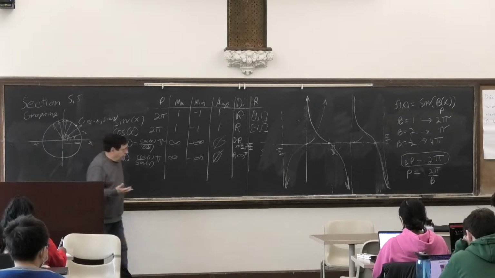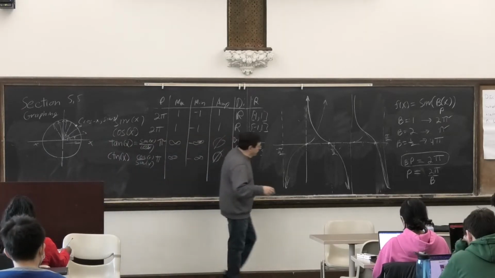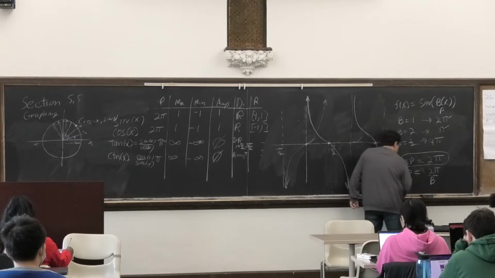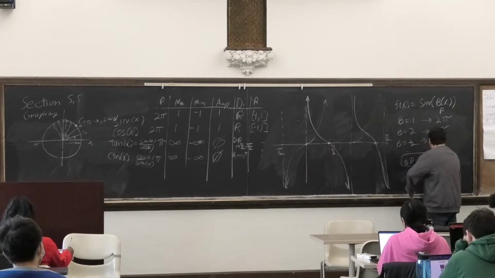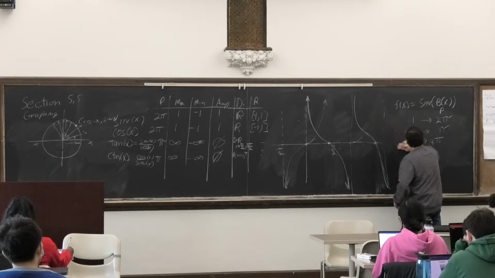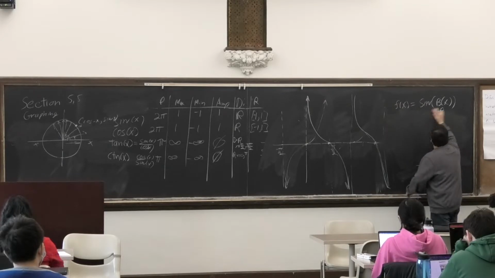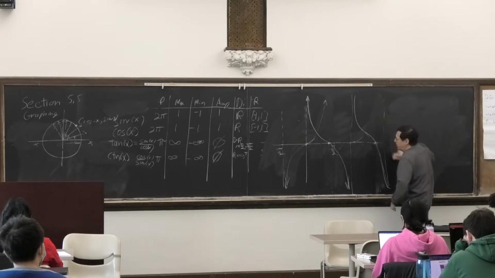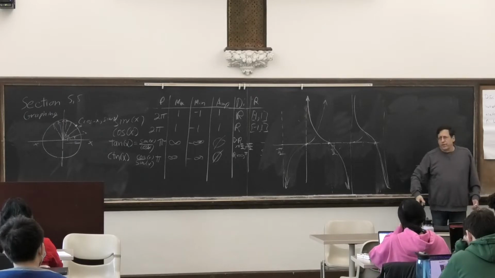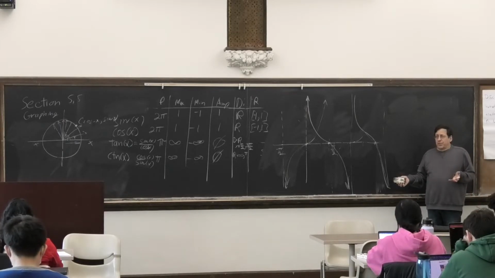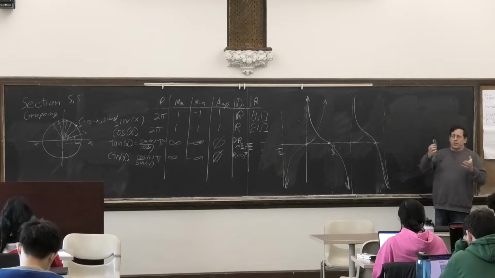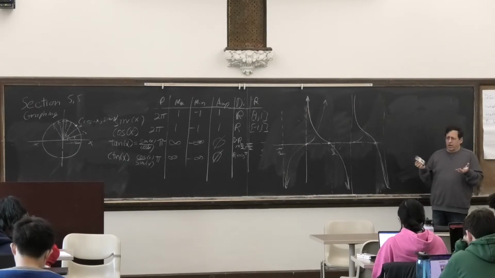The other functions, I wouldn't say they're useless, but they don't come up as much. You might be doing some kind of homework problem where instead of multiplying something by the cosine, you're dividing by the cosine.